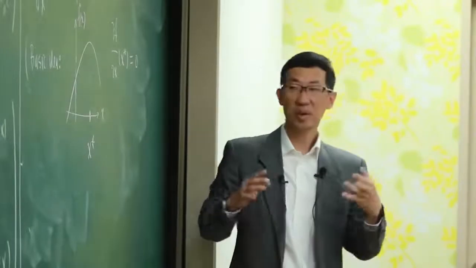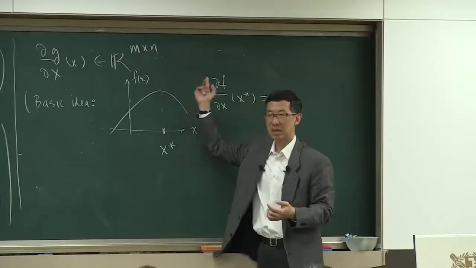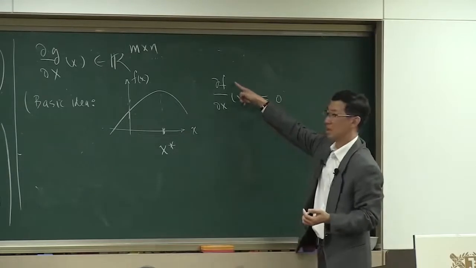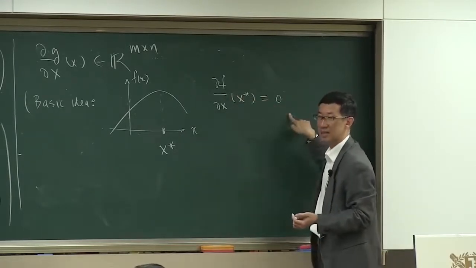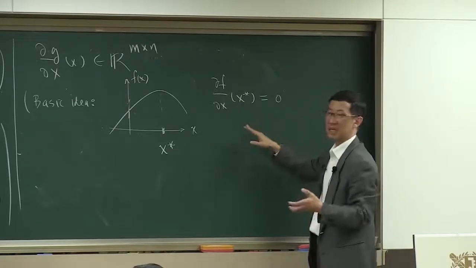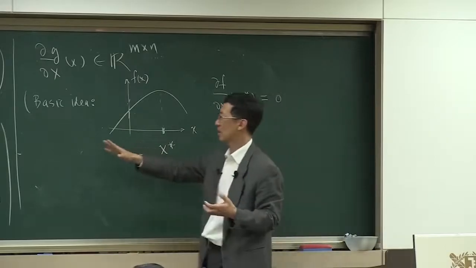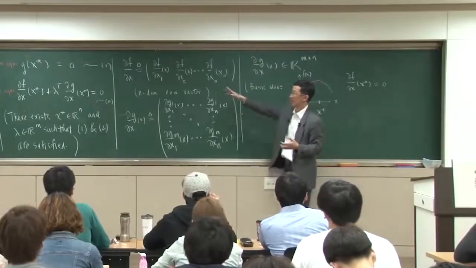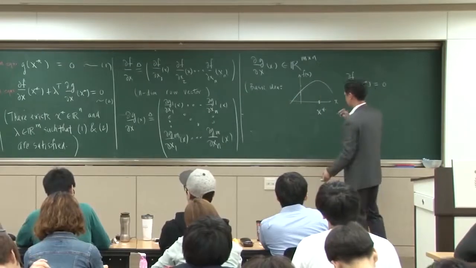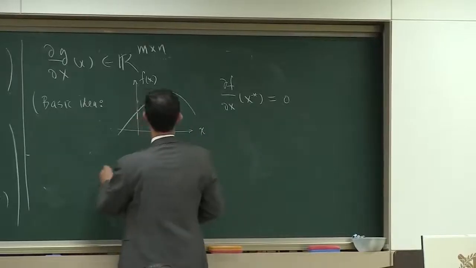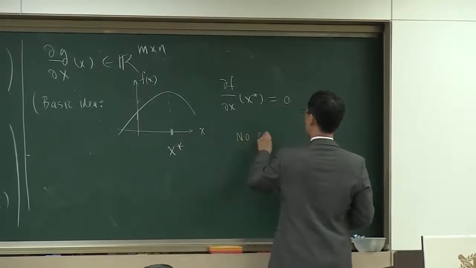So one way to find the maximum of this function would be to find the x star that satisfies this. So this is the no constraint case. If we have a constraint, things get a little bit more involved.